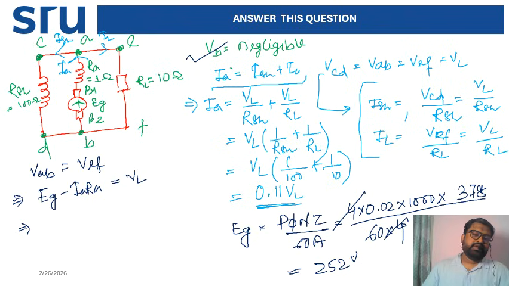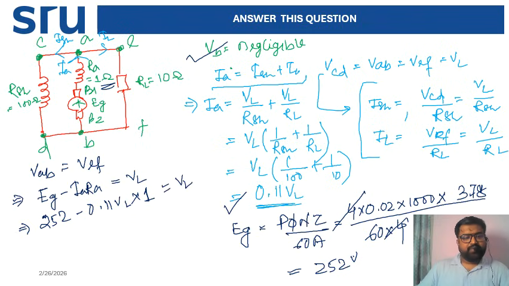Then you can keep 252 here. EG value is 252, IA value we already computed, that is 0.11 VL, into 1, because armature resistance is 1 ohm. Then it is equal to nothing but VL, right?